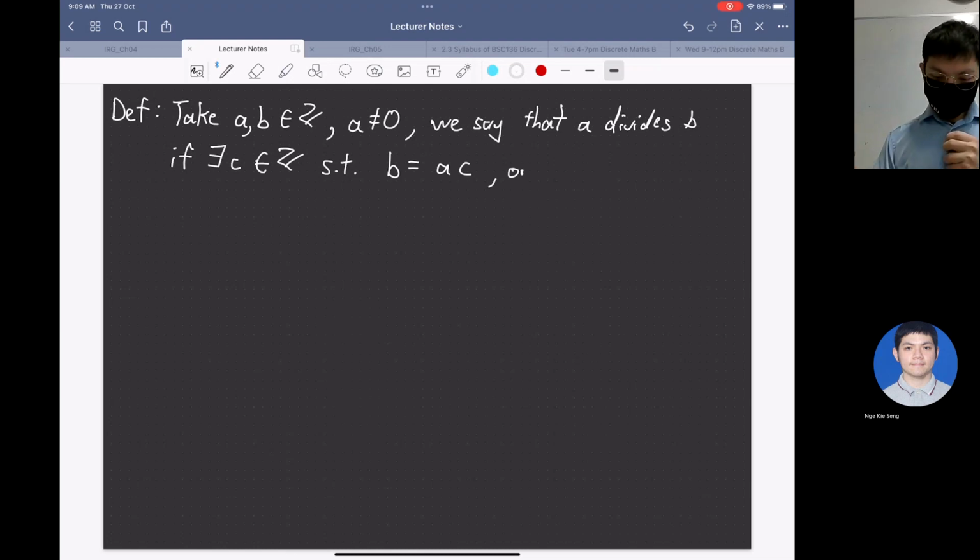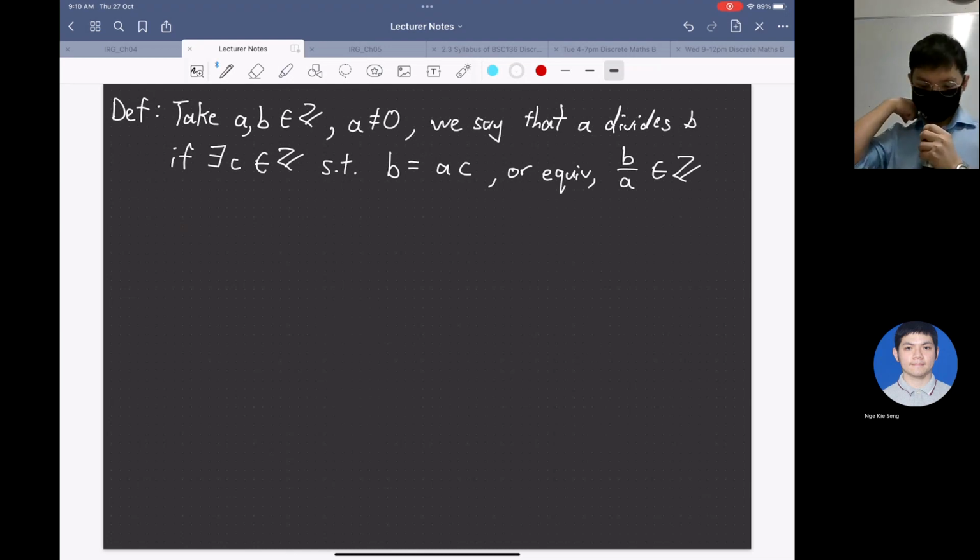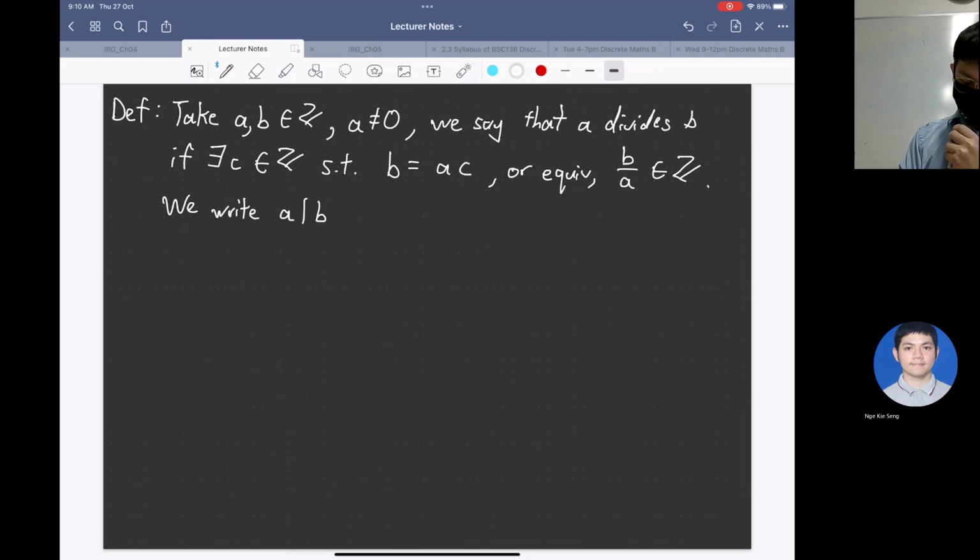Or, if you do the normal division, B over A is an integer. And we will write A divides B in this case.